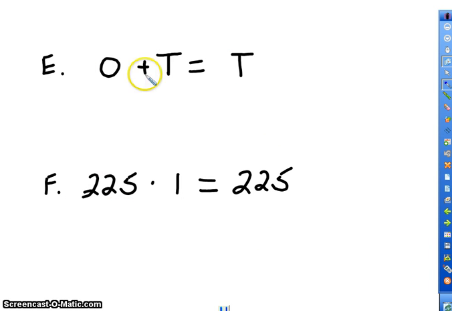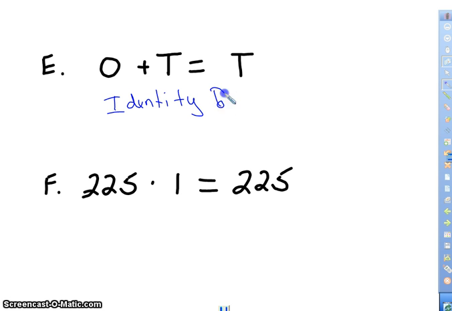Now, I have a variable here, but this is saying 0 plus t equals t. Now, I'm not moving any numbers order. Okay, it's not the same numbers on both sides. I have no parentheses. So if you remember, this is actually an identity property. And it's the identity property of addition.